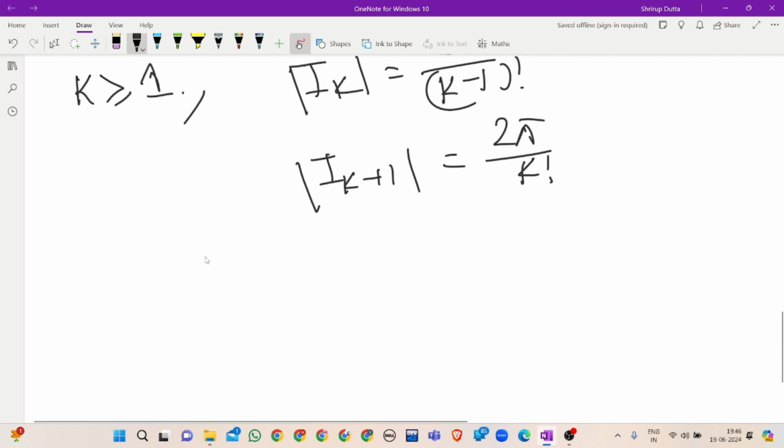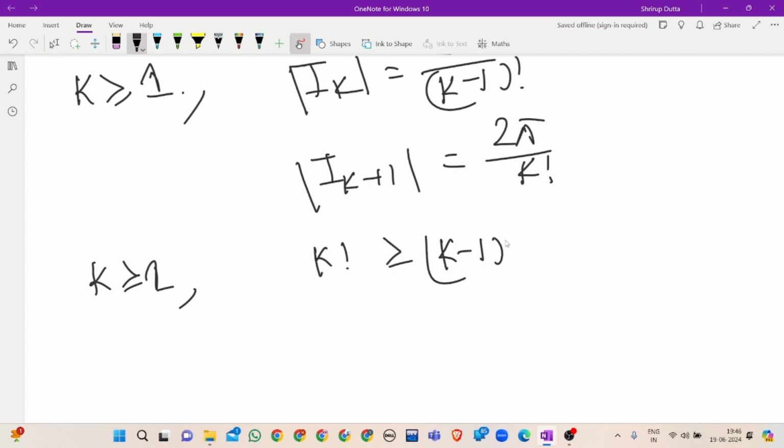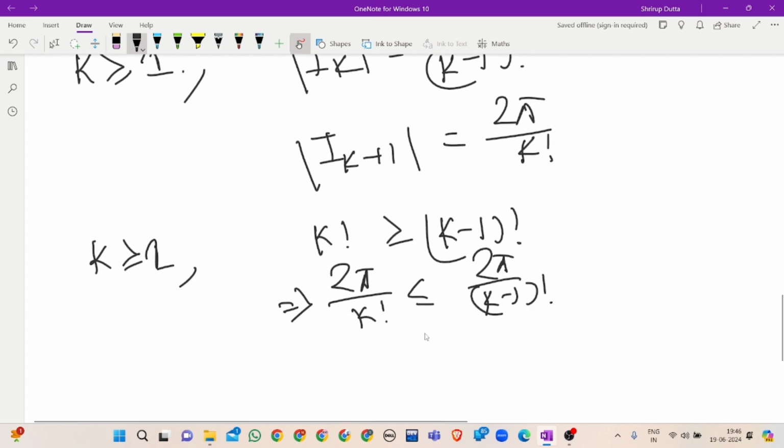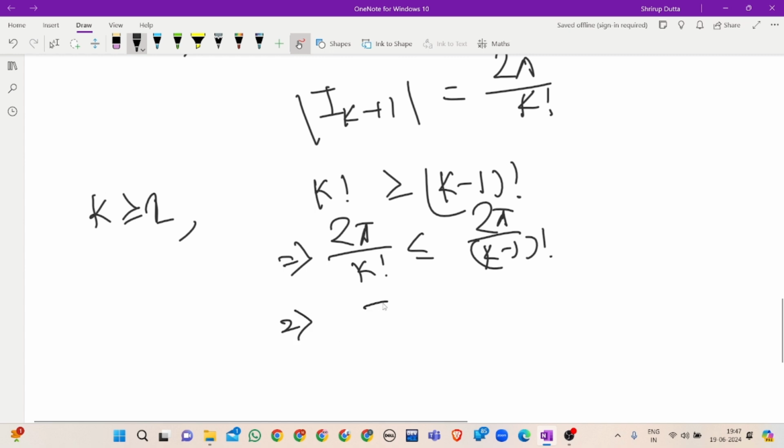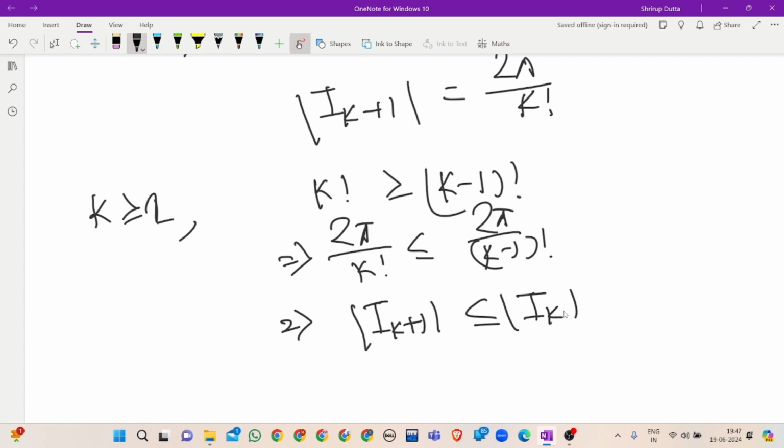For k greater than or equal to 1, k factorial is greater than or equal to k minus 1 factorial, and if we take the reciprocal and multiply 2 pi on both sides, we get 2 pi by k factorial is less than or equal to 2 pi by k minus 1 factorial, which implies modulus of I_(k+1) is less than or equal to modulus of I_k.